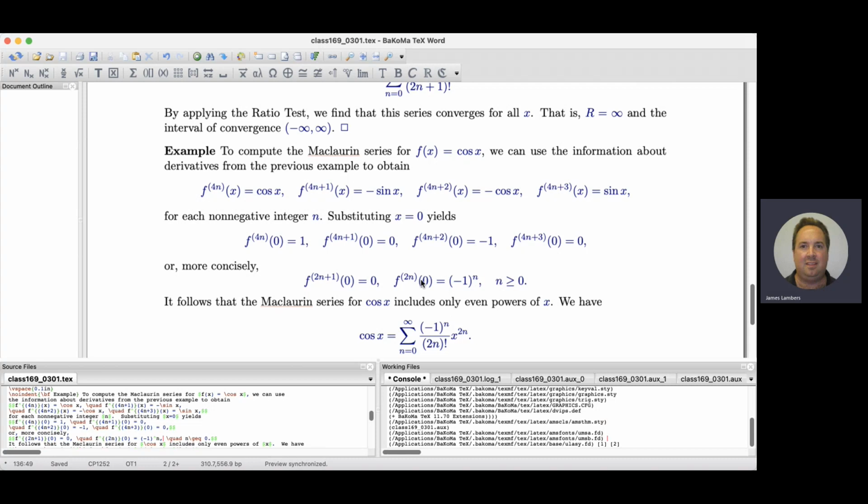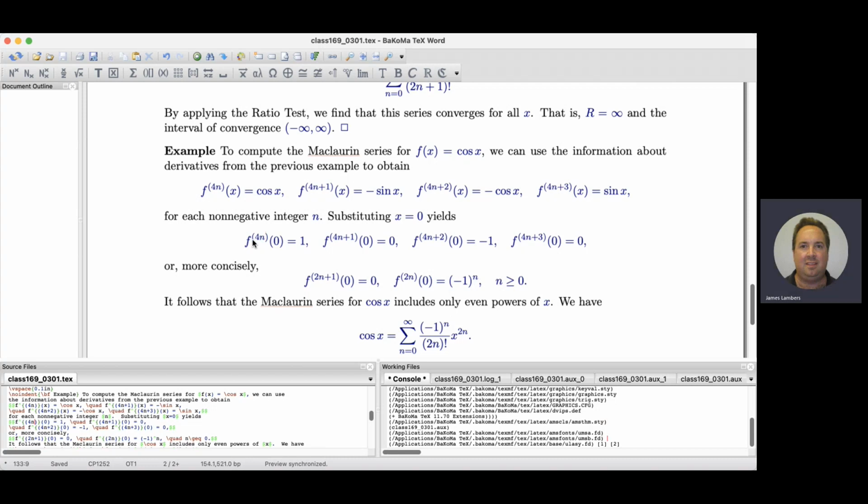Actually, I want to go a little further to explain where this comes from, and the same reasoning would apply to the previous example with sine x. So here, if the order of the derivative is 4n, I get plus 1. Another way of putting it is that the order of the derivative is 2 times 2n.